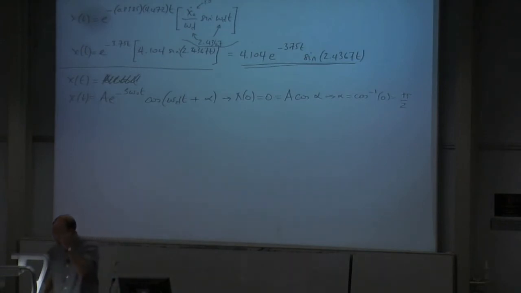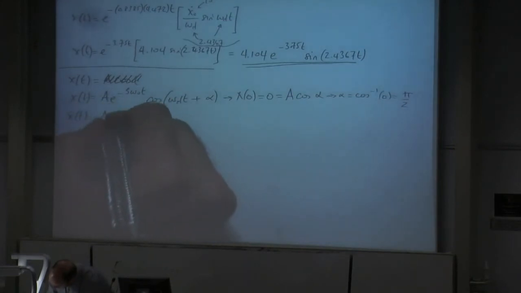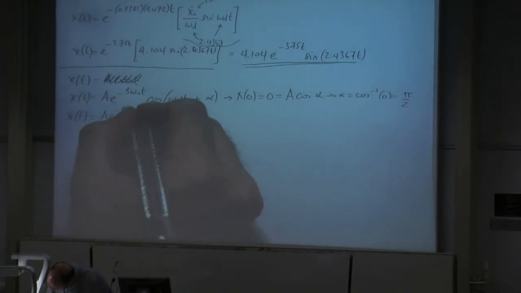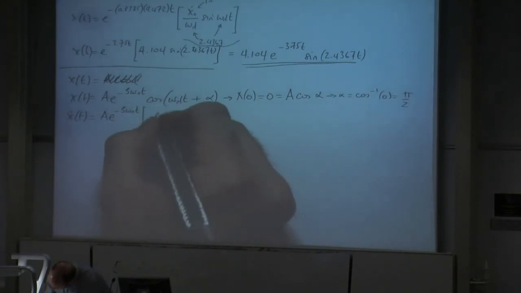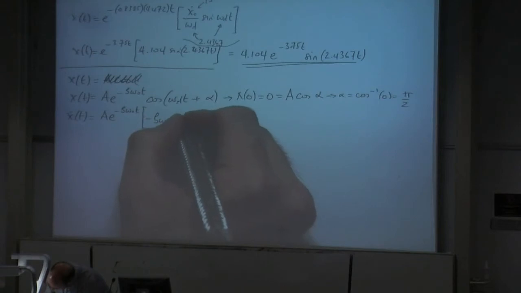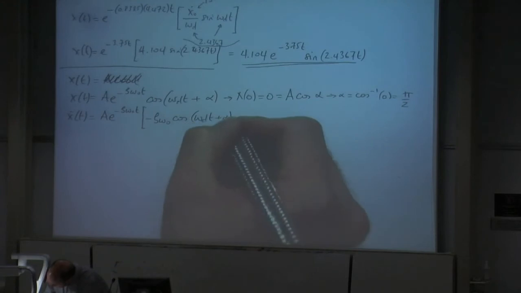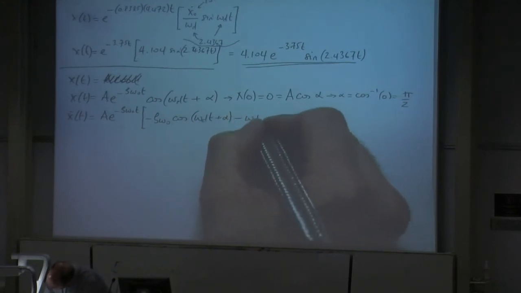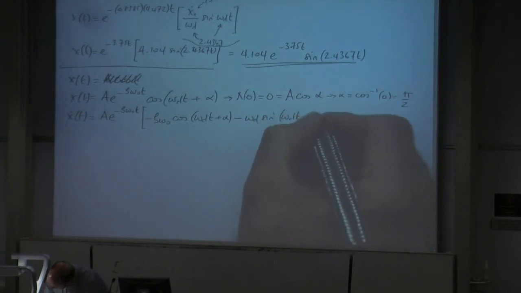We need to find A though. And to find A, we must take the first derivative. X dot t, well we have A e to the minus zeta omega naught t, multiplied by minus zeta omega naught cosine omega d t plus alpha. So that's the first part. Then we have a minus sign, omega d sine omega d t plus alpha.